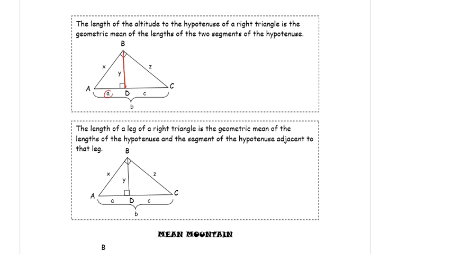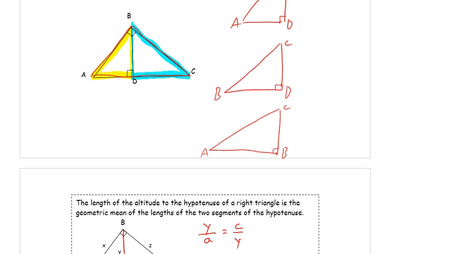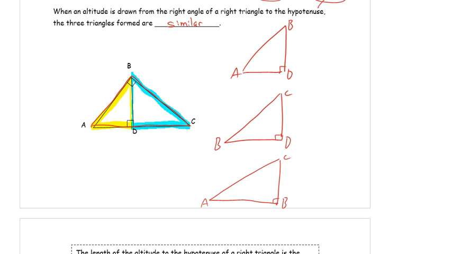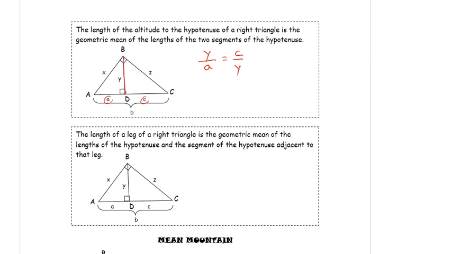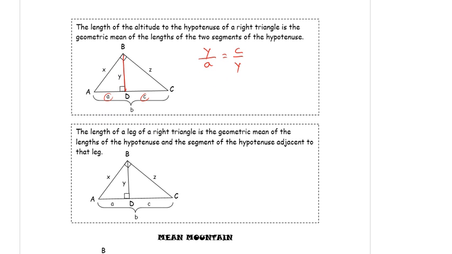So these two, A and C. In other words, what I'm saying is that y over A is equal to C over y. Because if we broke it up and we looked at these shapes up here, we would end up setting up a proportion that would be the same proportion as what we have right here. It's just a lot quicker. So again, that middle altitude right there is the geometric mean of the two sides below it. Okay, that's one thing we will look at. So y over A equals C over y.